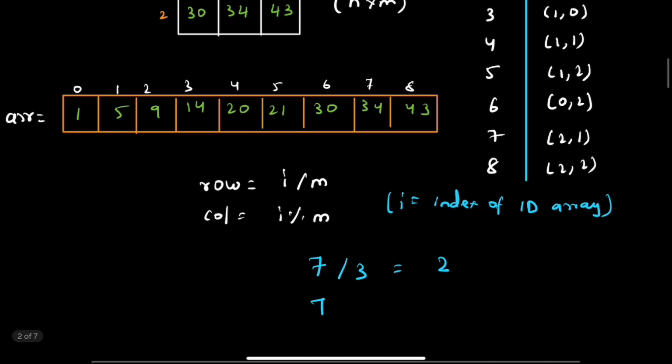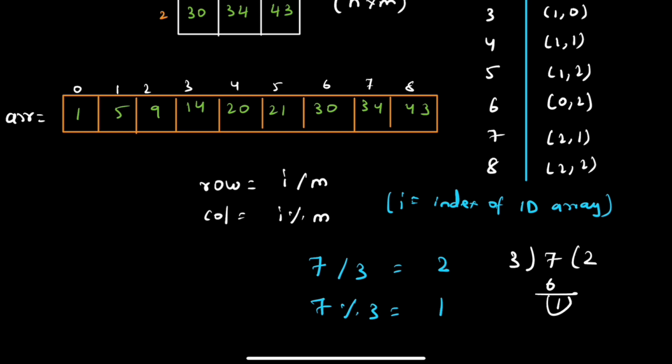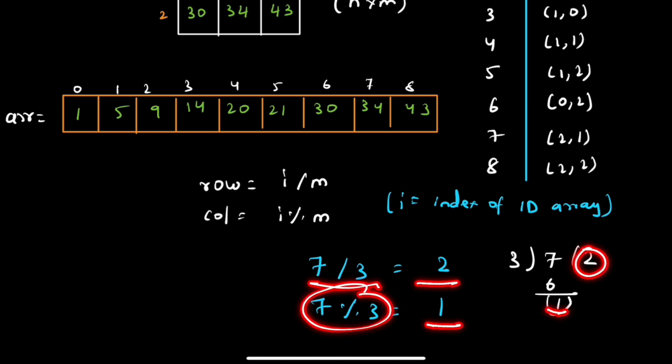And if we do 7 modulo 3, we'll get 1. In plain division that we used to do in school, 3 twos are 6 and the remainder is 1. So the division gives us the quotient and the modulo gives us the remainder. So we achieved 7 by 3, which is 2, and 7 modulo 3, which is 1.